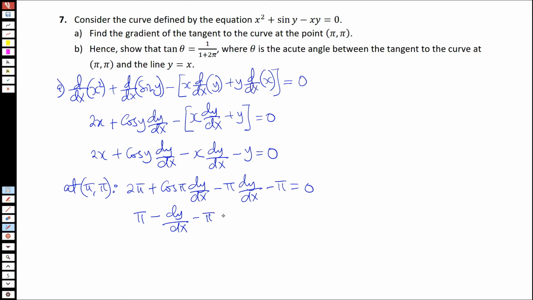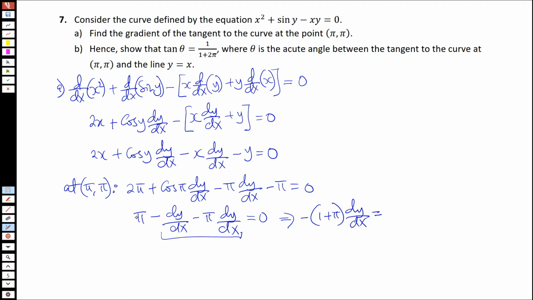minus π dy over dx equals 0, which implies that now we can factorize out negative 1 and factorize out dy over dx. So this portion of the equation can be written as negative (1 plus π) multiplied by dy over dx.